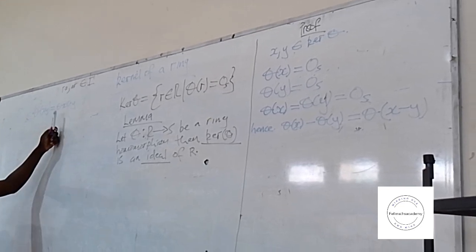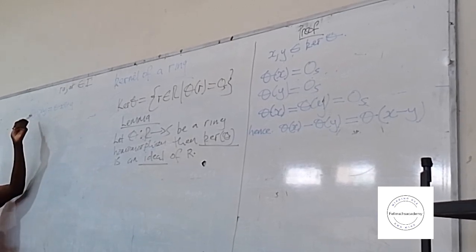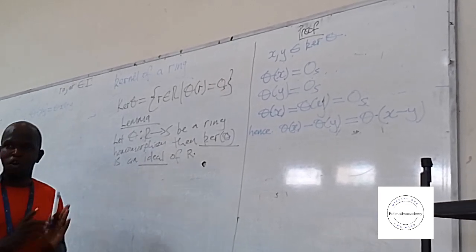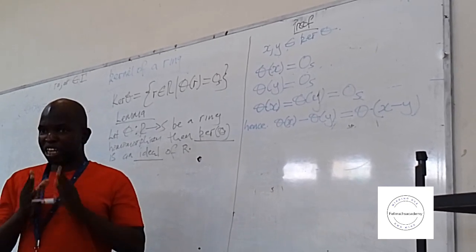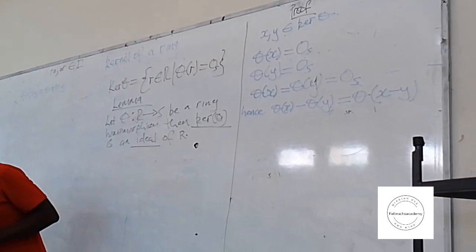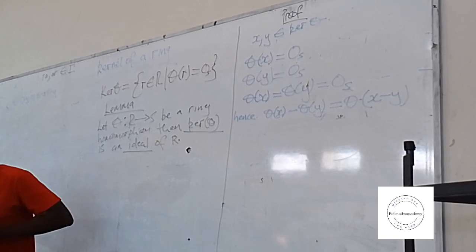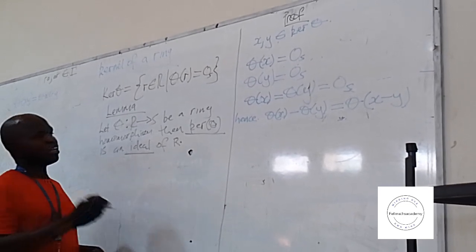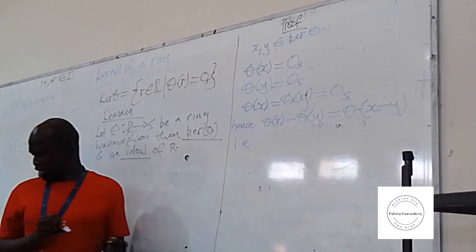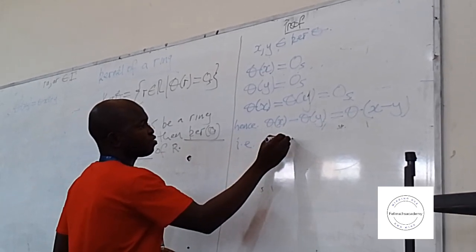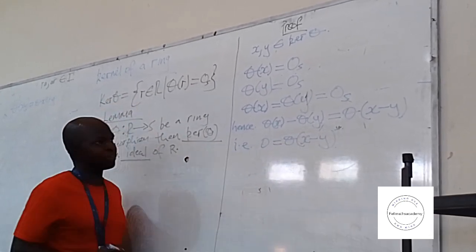But now we have theta x minus theta y, it should be theta of x minus y. It is the pattern of homomorphism which we have borrowed. Since theta is a homomorphism, 0 is equal to theta of x minus y.